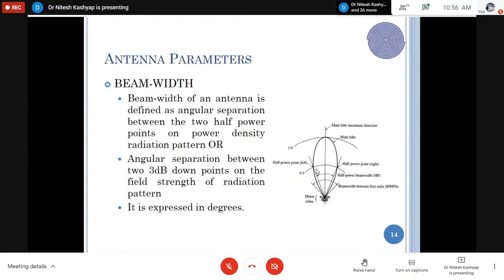If the angle of separation of these points is less, we can say this is a directional antenna, and this is a fan beam antenna, pencil beam antenna, or other kinds of antennas.